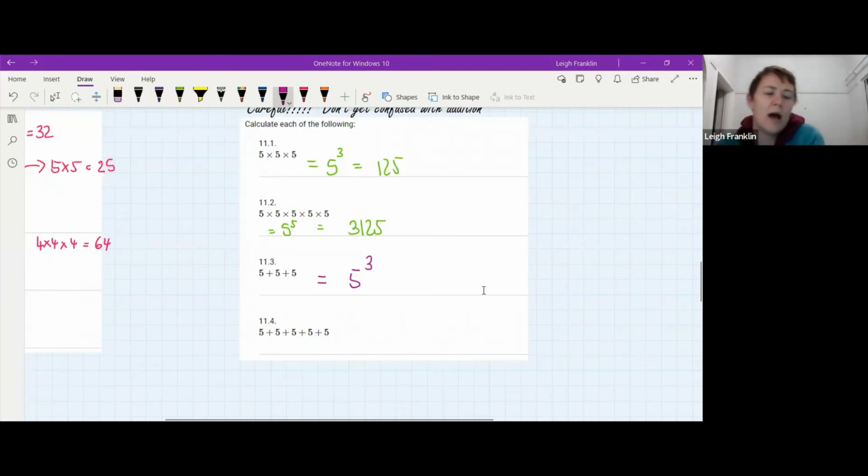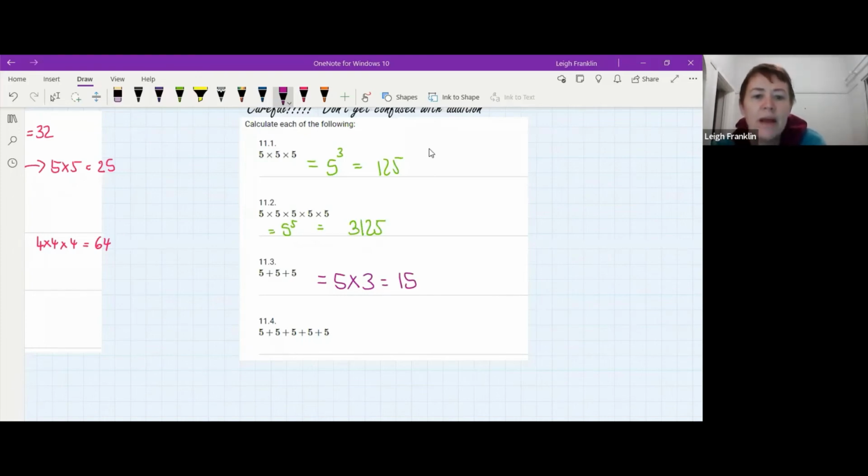All right, so I can't write repeated addition as an exponent. That is wrong. I can only write that as 5 times 3. Multiplication and addition are not the same thing, and in this case I would get the answer of 15.